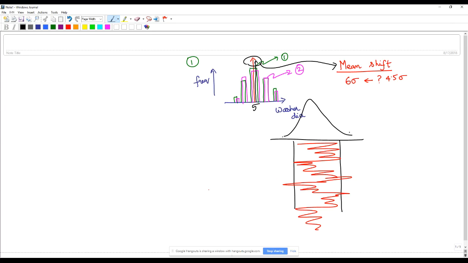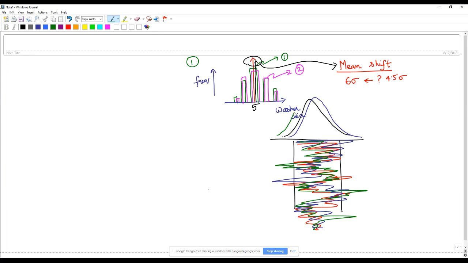It's for some data, let's not worry about what the data is. This is for day 2 now. Then day 2 is something like this. Then I might have day 3, could be like this.